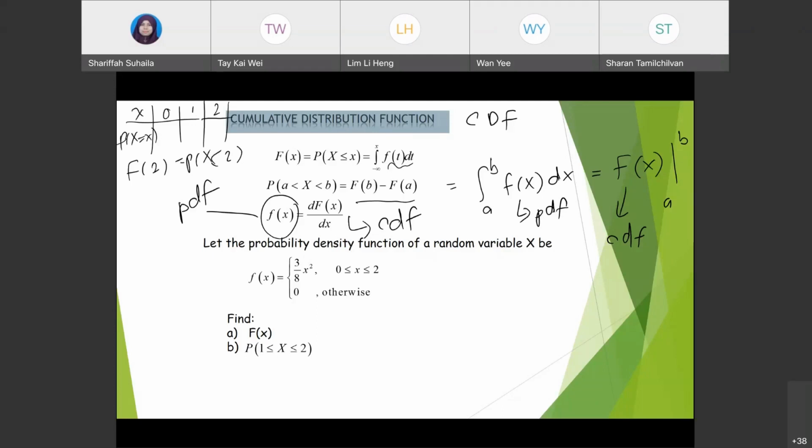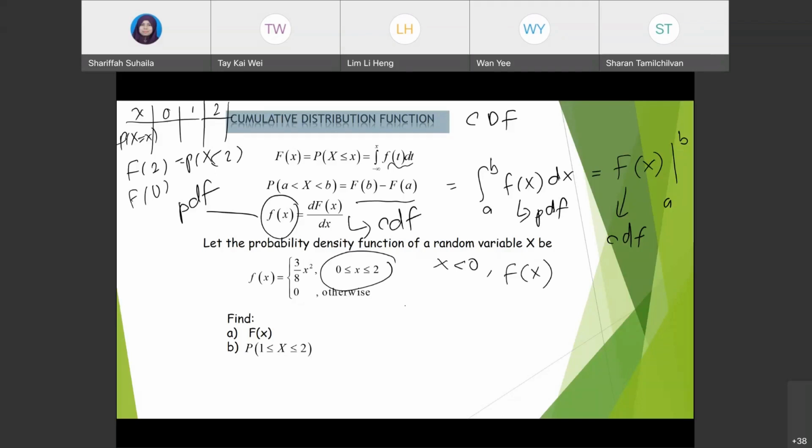The same concept applies for continuous, but we deal with a range. To find capital F, you need to consider the range. So what happens when x is less than 0? Say the starting value for discrete is x equals 0; what is the value of F(0)? It is the probability that X is less than or equal to 0. The same way, we need to consider what happens when x is less than 0, the smallest value.